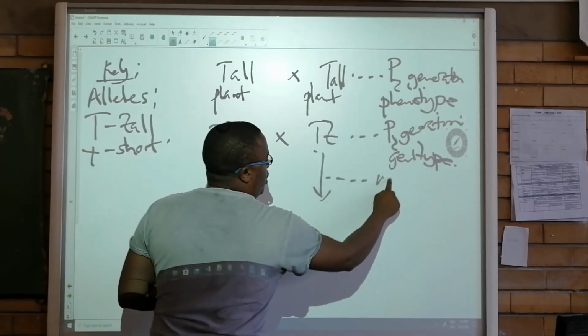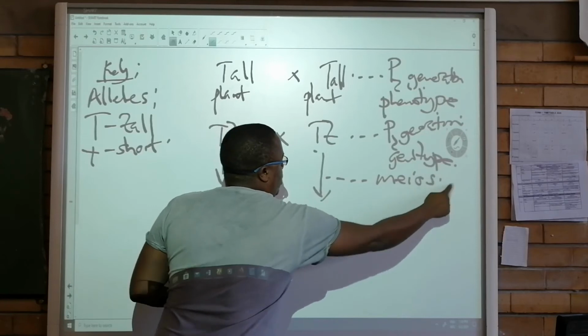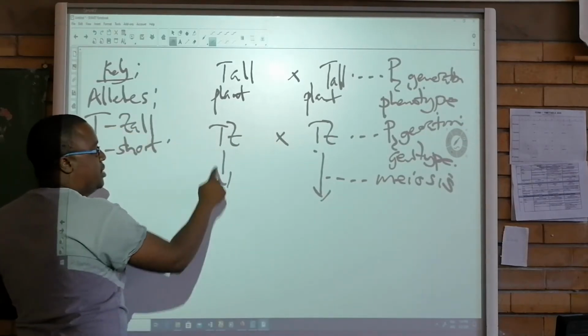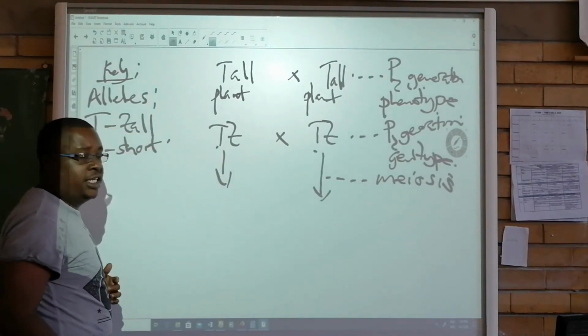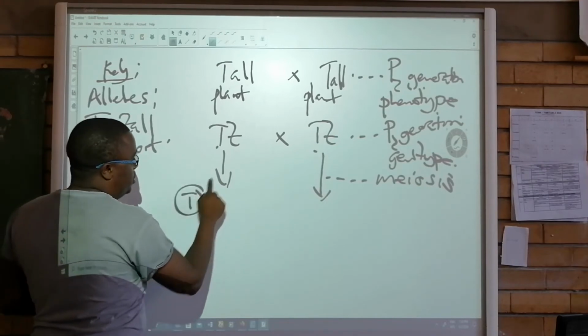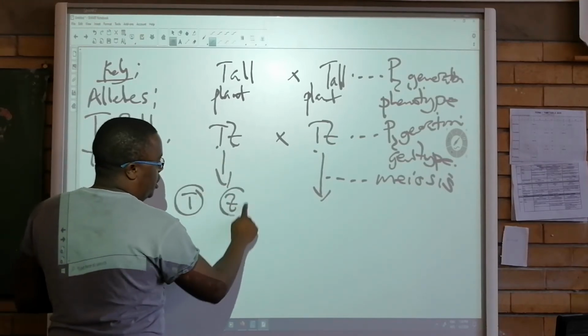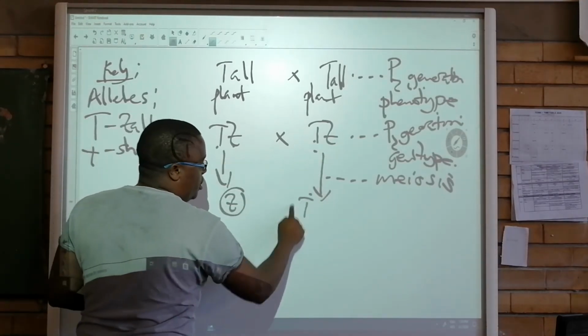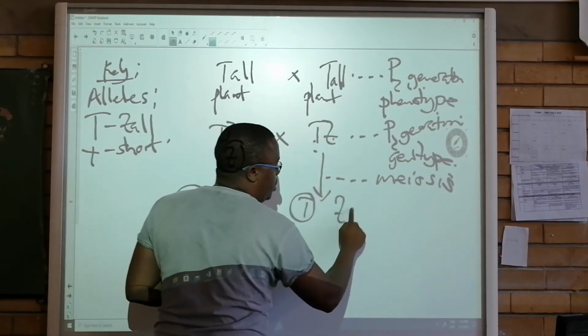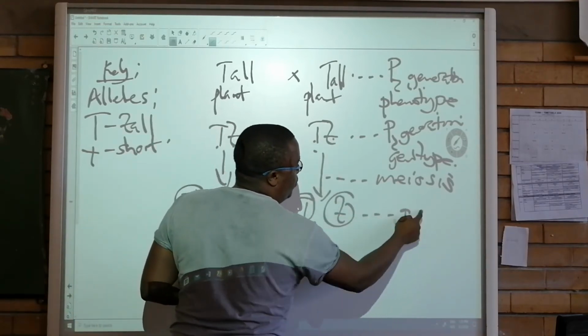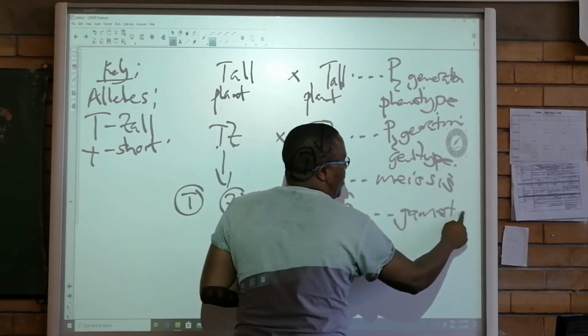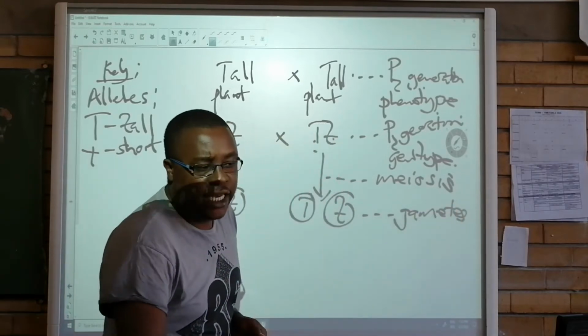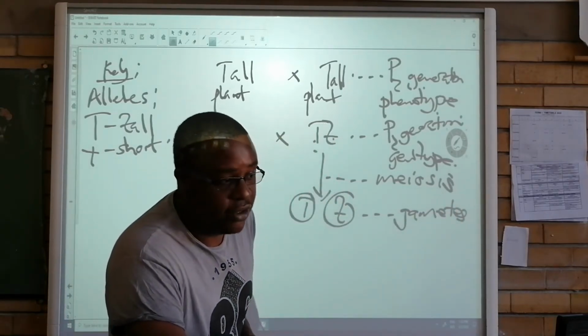If meiosis, then according to Mendel's law of segregation, this allele will go into its own gamete, this one into its own gamete, and so on. And then what do you have? You have gametes.